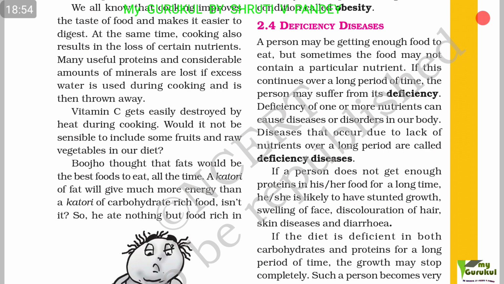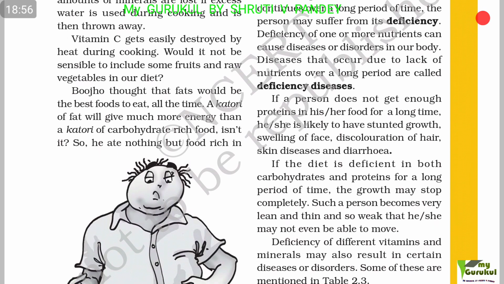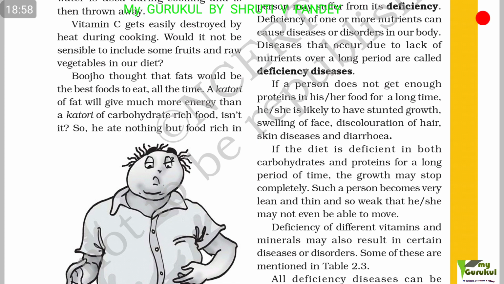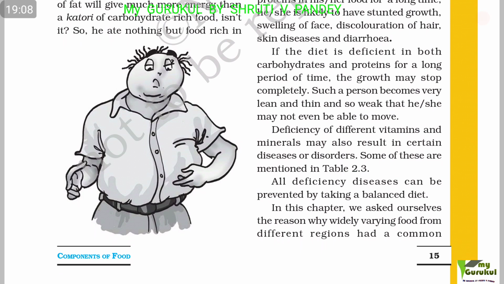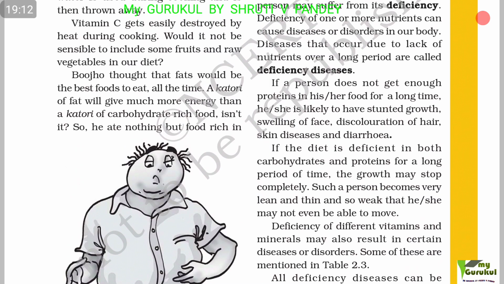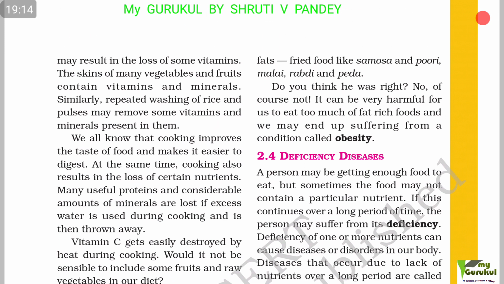Bujo thought that fats would be the best food to eat all the time. A calorie of fat will give much more energy than a calorie of carbohydrate rich food, isn't it? So he ate nothing but food rich in fats, fried food like samosa and puri, malai, rabdi and peda.